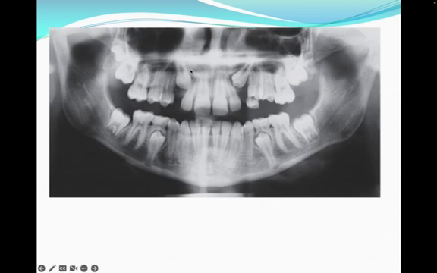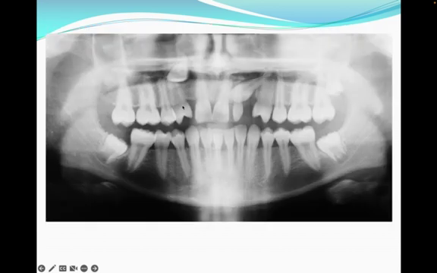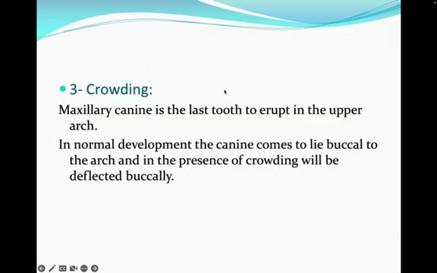As you can see here, the canine uses the lateral incisor surface as a guide for eruption, while if the lateral incisor is not here or it's peg shaped, the canine loses its way and does not erupt.